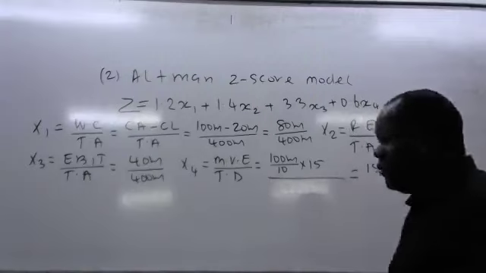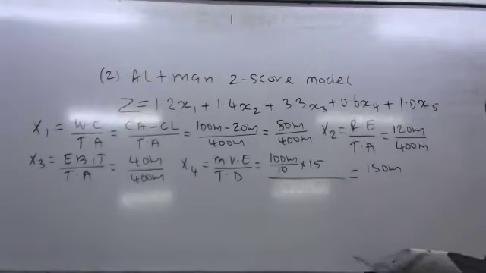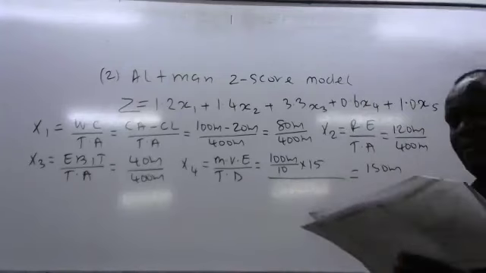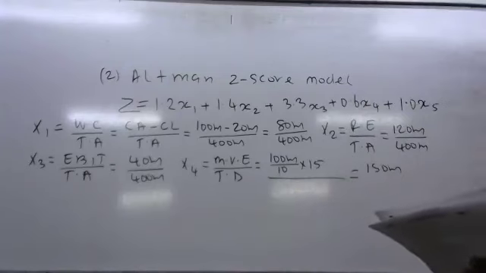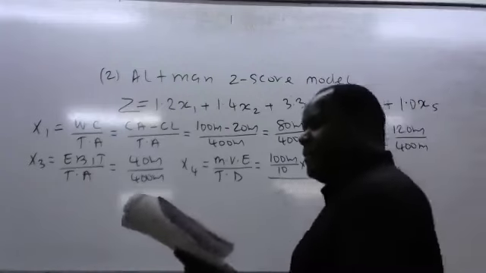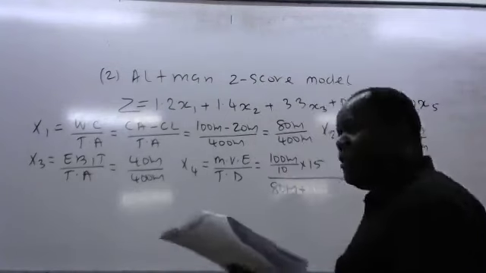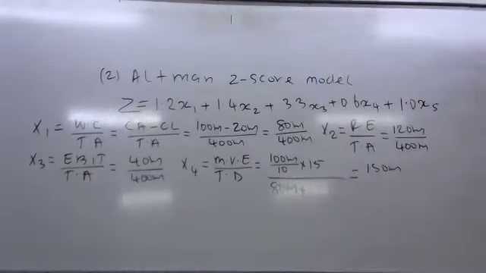Then total debts, we have said that it is meant to be the debenture capital. You can see the debenture capital. Debenture capital is how much? It is 80 million. Then you also add the preference share capital. It is how much?